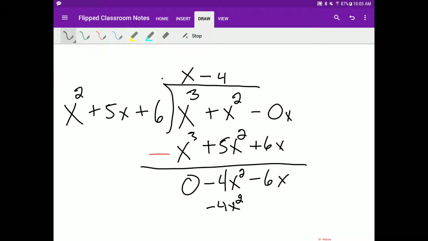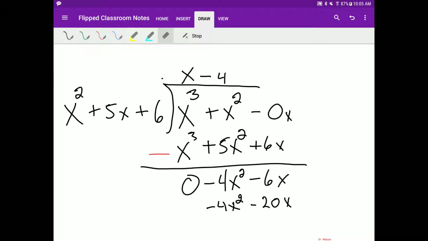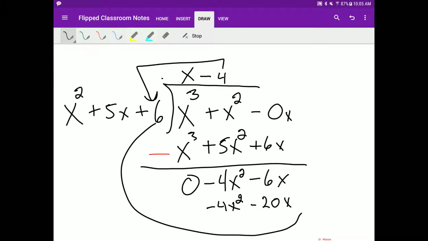Then I take negative 4 and I multiply it by 5x, and that gives me minus 20x. And then I take minus 4 and I multiply it by 6 to get minus 24.